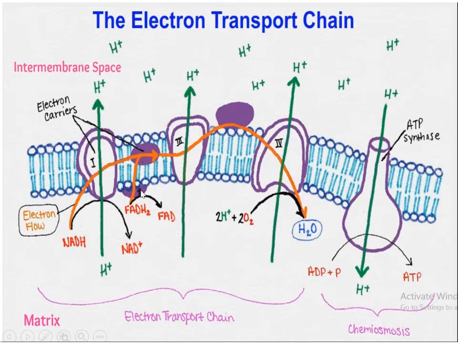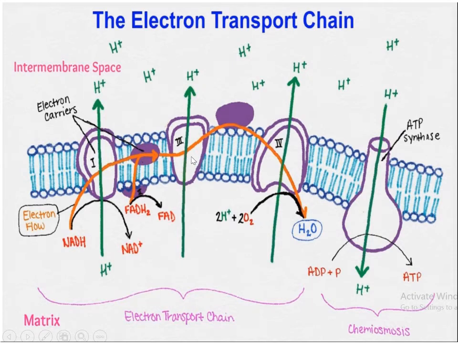So complex 2 just passes its electron to coenzyme Q. Coenzyme Q now has electrons from complex 1 and complex 2, and it then passes these electrons to complex 3.